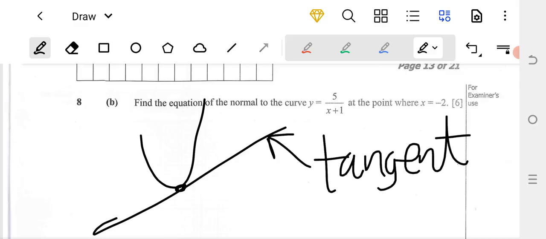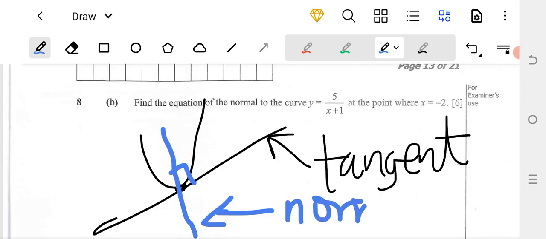And then if we have a line that is perpendicular to the tangent line, not perpendicular to the curve, but perpendicular to the tangent line, this line is called the normal. That's why they're saying the equation of the normal.